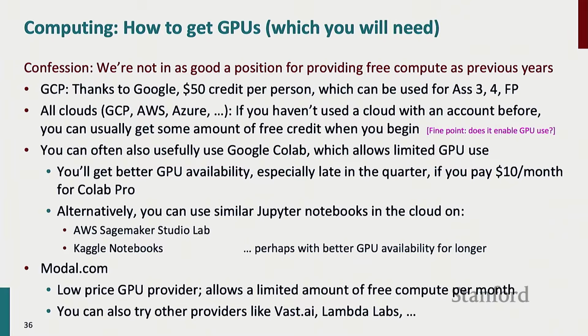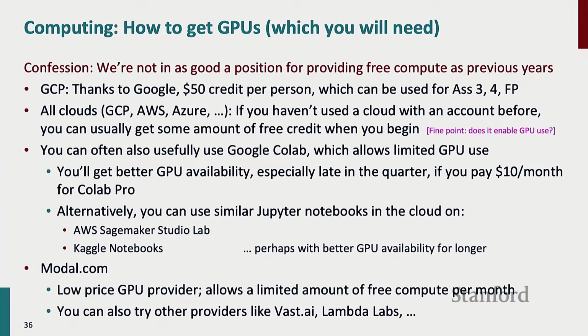AWS provides a Jupyter Notebook environment, SageMaker Studio Lab, and also owned by Google, Kaggle separately provides Kaggle notebooks, which actually commonly give you better GPU access than Google Colab provides, even though they're otherwise not as nice. Kaggle notebooks are sort of just bare bones Jupyter notebooks, whereas Colab has some fancier UI stuff grafted on it.